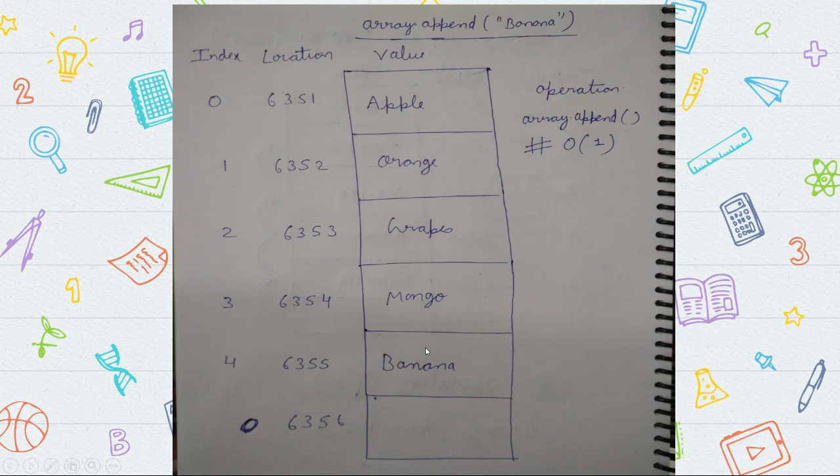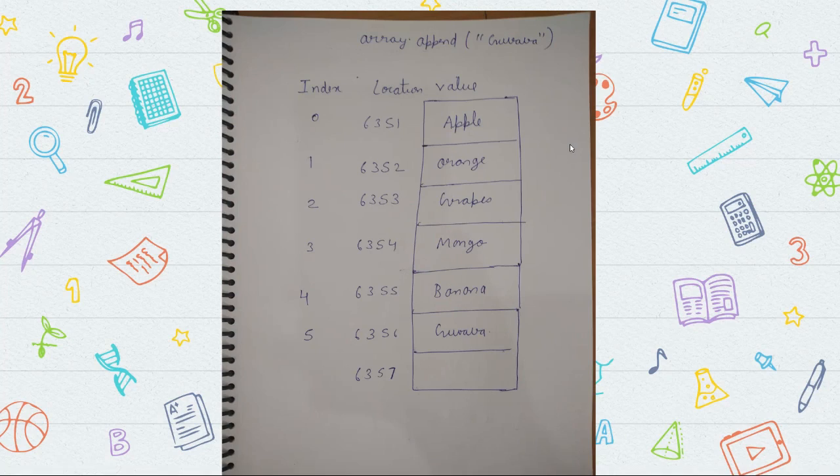So the append operation has a time complexity of O of 1. I have shown you this by adding banana. Now I have also added guava, and again it basically adds guava after banana at a continuous location. In this case also we did not have to traverse through all these elements.